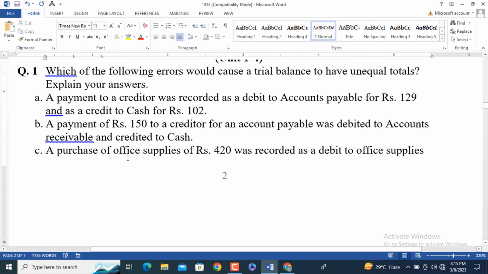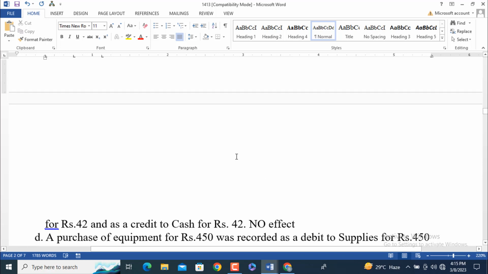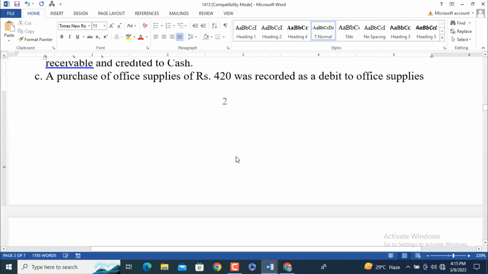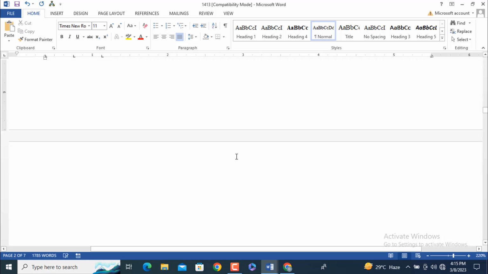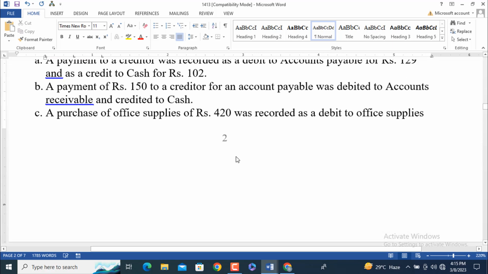A purchase of office supplies of rupees 420 was recorded as a debit to office supplies for rupees 442 and as a credit to cash for rupees 42. Again, you have noticed that both accounts are recorded with different amounts. But what happens if you record this transaction with these amounts?